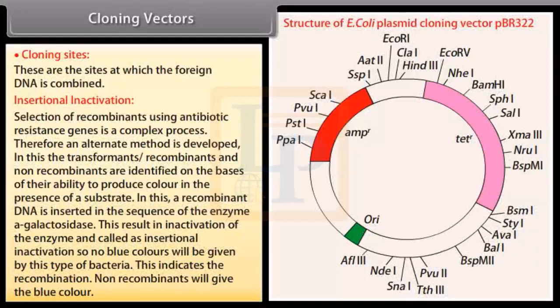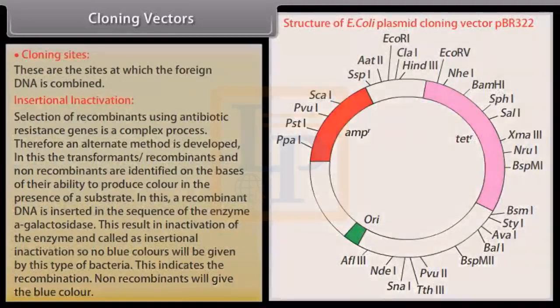In this, a recombinant DNA is inserted in the sequence of the enzyme beta-galactosidase. This results in inactivation of the enzyme and is called insertional inactivation, so no blue color will be given by this type of bacteria. This indicates the recombination. Non-recombinants will give the blue color.